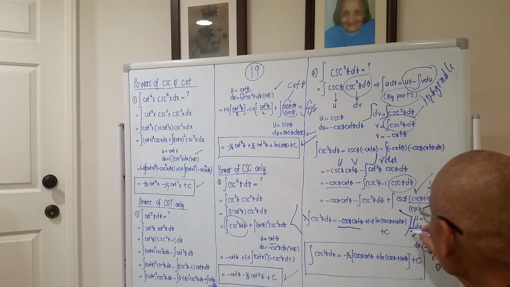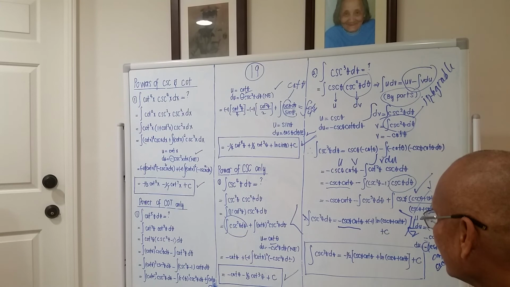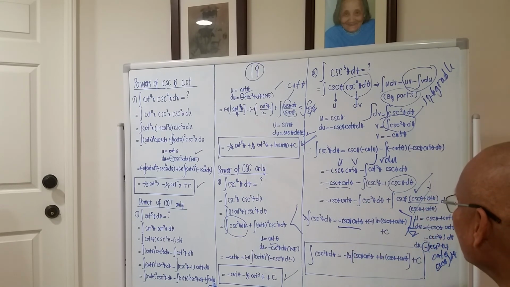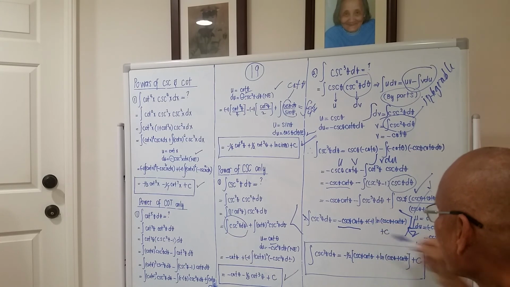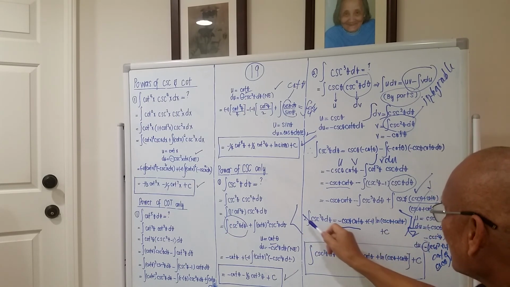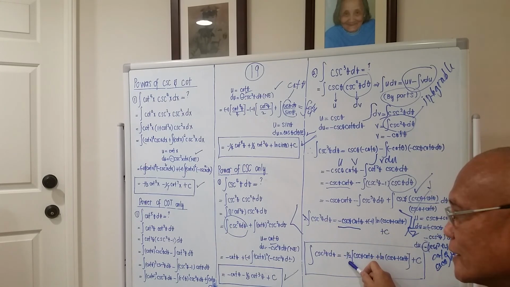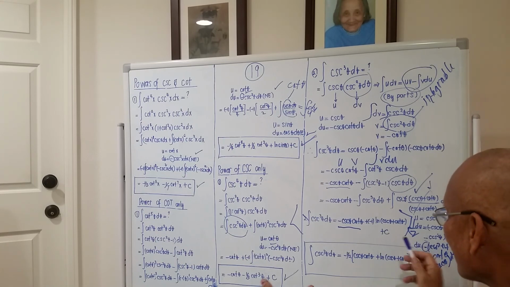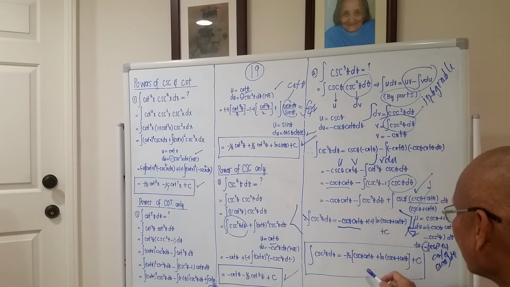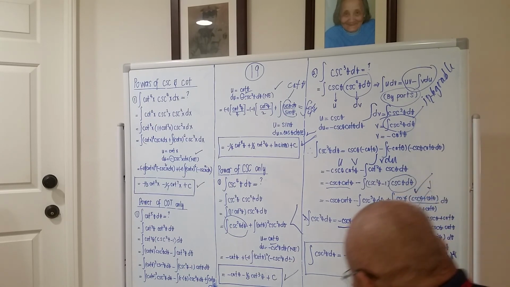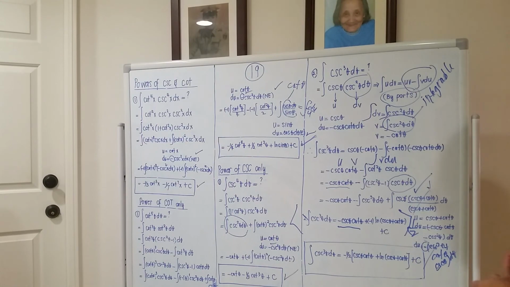Therefore, the integral of cosecant cube of theta, differential theta equals, we multiply the right hand side also by 1/2, so the common factor will be negative 1/2, times cosecant of theta, cotangent of theta, plus the natural logarithm of cosecant of theta plus cotangent of theta, plus c. That's the final answer.